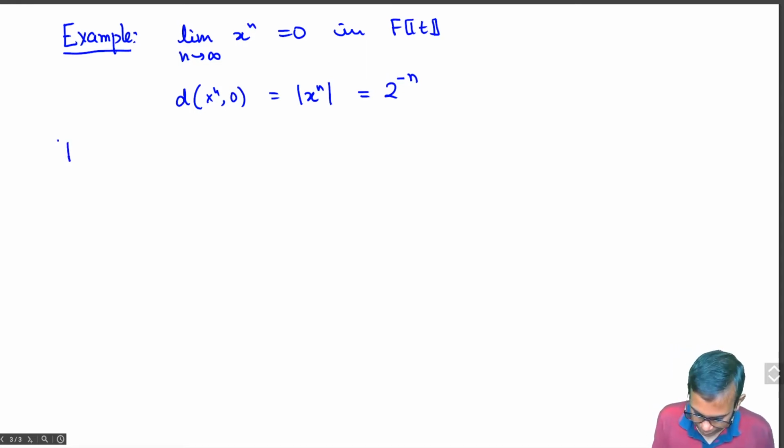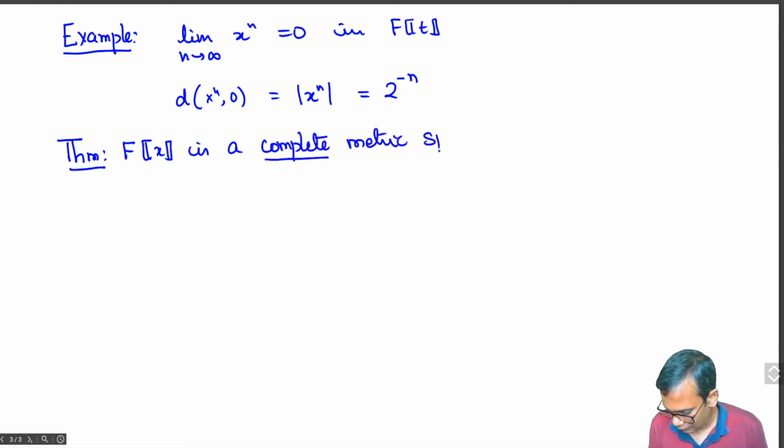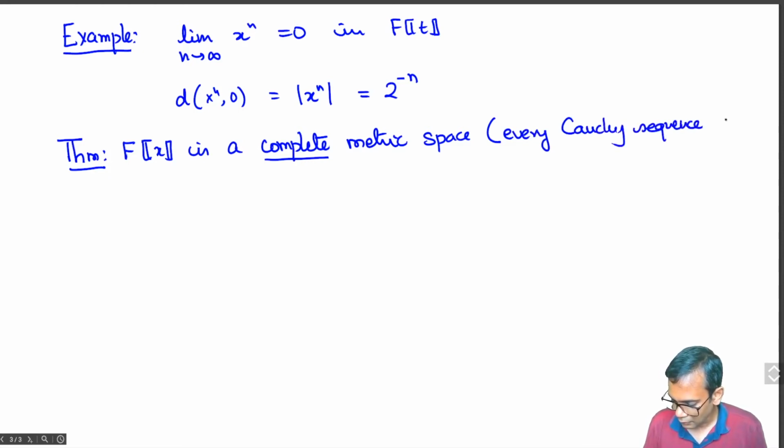Okay, now the first theorem is that every Cauchy sequence in F[[x]] converges, i.e. F[[x]] is a complete metric space. Every Cauchy sequence converges. So let's prove this.